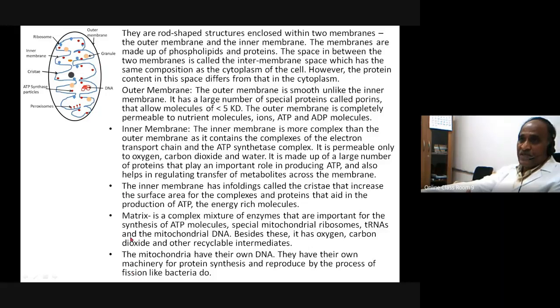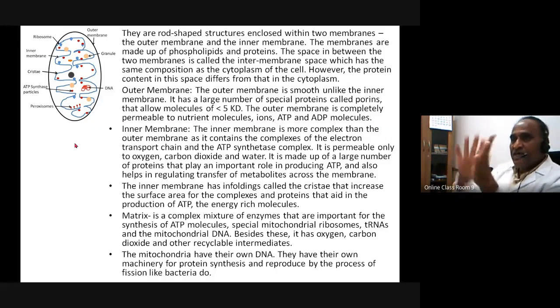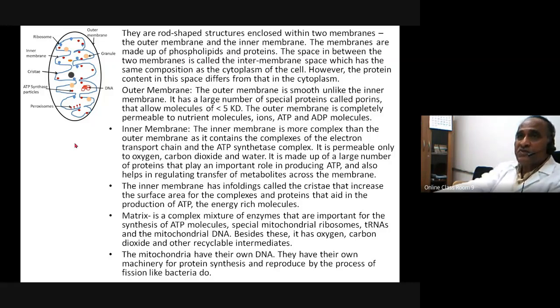The mitochondria have their own DNA and their own machinery for protein synthesis, and reproduce by the process of fission like bacteria do. Because of this, mitochondria can divide by themselves and synthesize new protein by themselves. This is briefly about the structure.